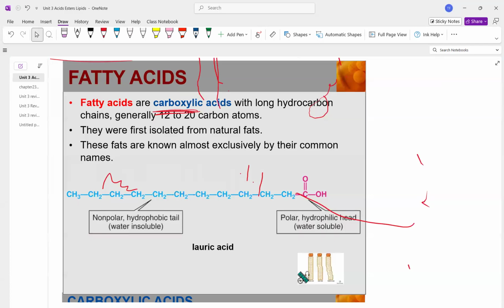They start at carbon 16, so you're going to have 16 of these, and then the acid end. Now, the thing that makes fatty acids special is that because of the long tail, they're very nonpolar. At the same time, they have a very polar end.